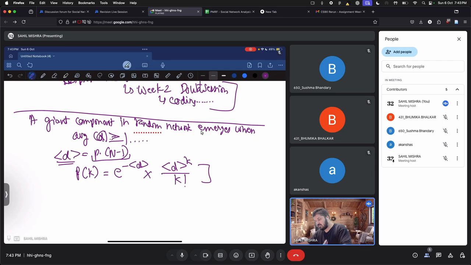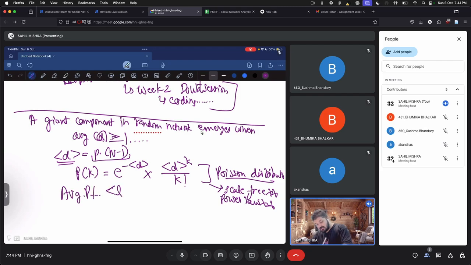So this is basically the Poisson distribution, and this is the problem with the random network: it does not follow the scale free law. It follows the Poisson distribution, not the power law. If you compute the average path length here, it will be close to log of n.